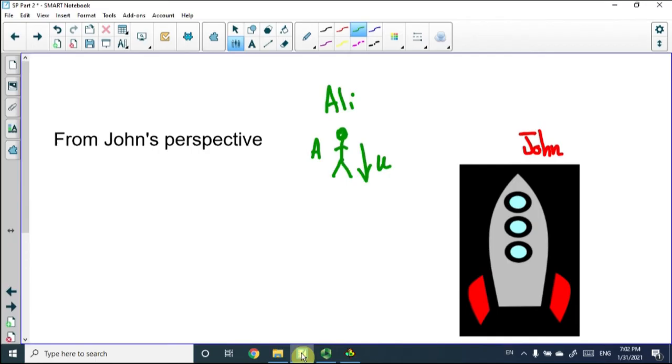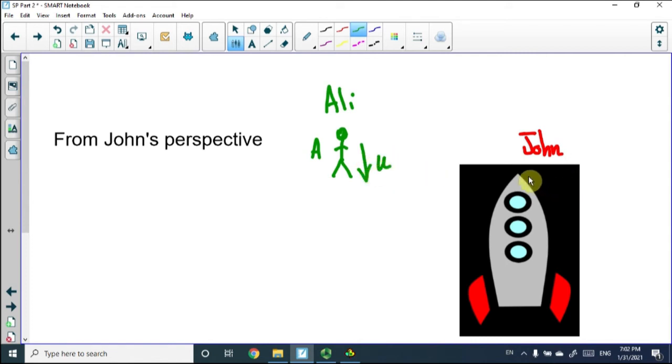So now let's look at the same problem from John's perspective. Now John is sitting in the spaceship. Let's say he's sitting in the front of the spaceship. He's looking outside and he's seeing Ali moving downward with the speed u.